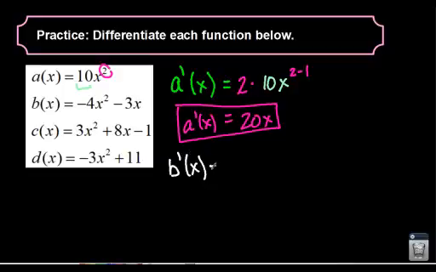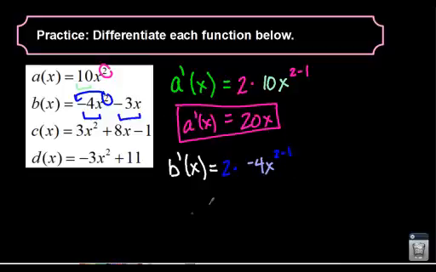Now you'll notice this one has 2 terms. So we have term 1 and term 2, and we're just going to do these separately. We're going to take our 2 and kick it out front. So we say 2 times what's already there, which is negative 4x. And then our exponent becomes less 1, so it's 2 minus 1.